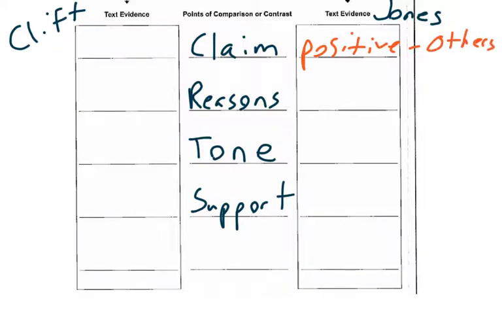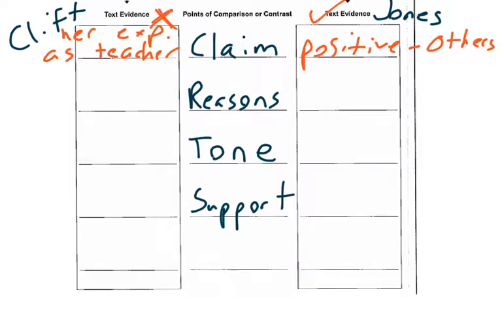It's not something that they actually experienced, that they have any firsthand knowledge of. But Clift is focusing on her own actual frustration as a teacher, her experience as a teacher. So basically, Jones is for it, Clift is against it.